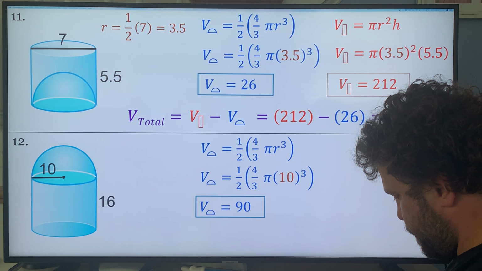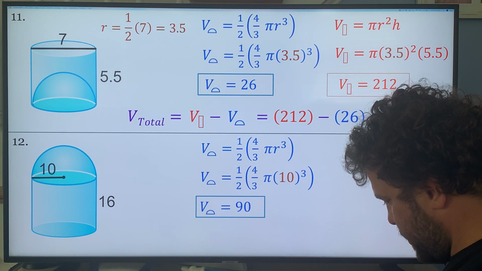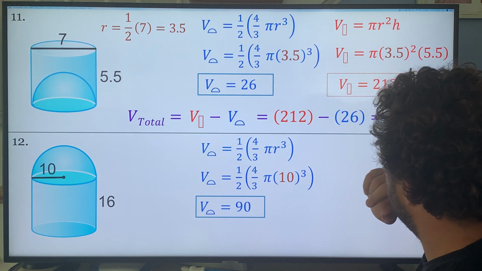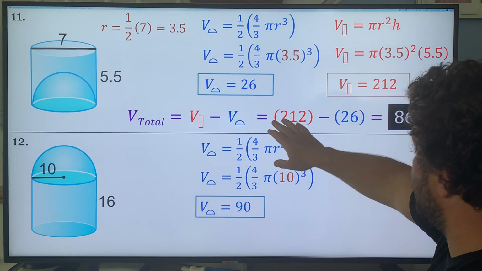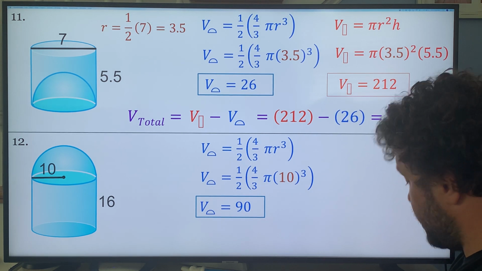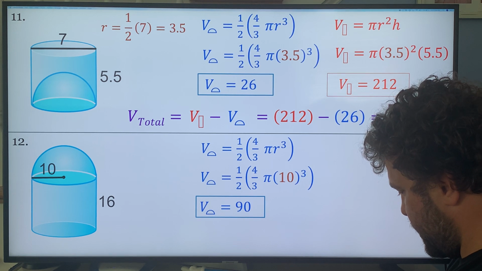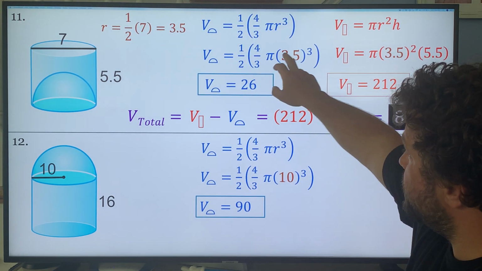Times pi times 3.5 cubed. This was 90. Wait a second. That messes everything up. So this was about 90. 212 minus 9. No, that's not right. 3.5 squared times 5.5 times pi. That's right. This is where I messed this up.